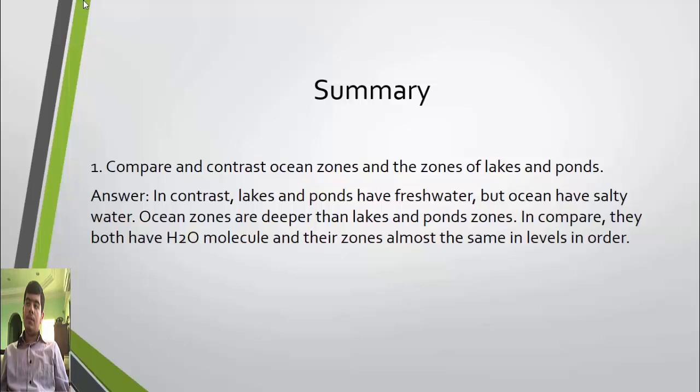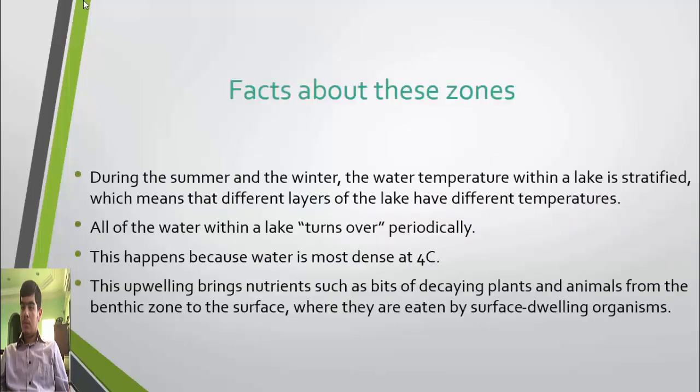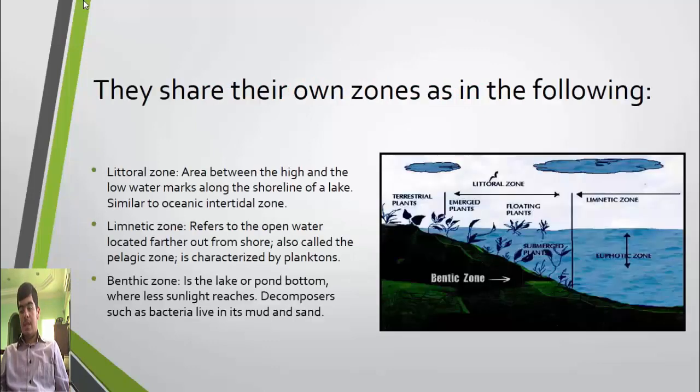Benthic, as you see here, is the darkest zone, which we call abyssal. Here is bathyal, then euphotic, limnetic, neritic, which is characterized by plankton. Littoral is close to the land, like intertidal. That's what we know.